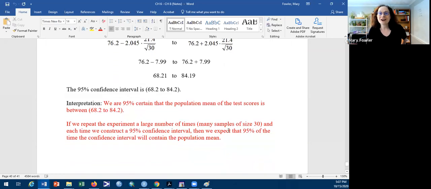Or the longer interpretation: if we repeated this experiment, many samples of size 30, and each time used this procedure for calculating the confidence interval, then we would expect that about 95% of the intervals contained the true population mean.